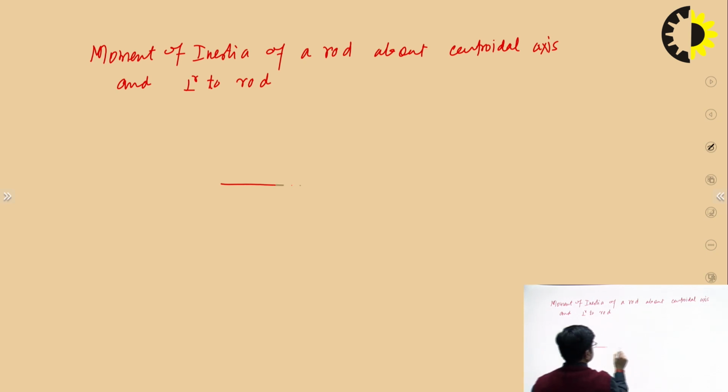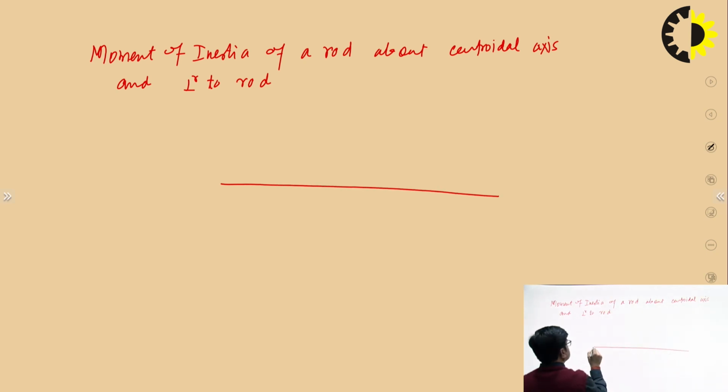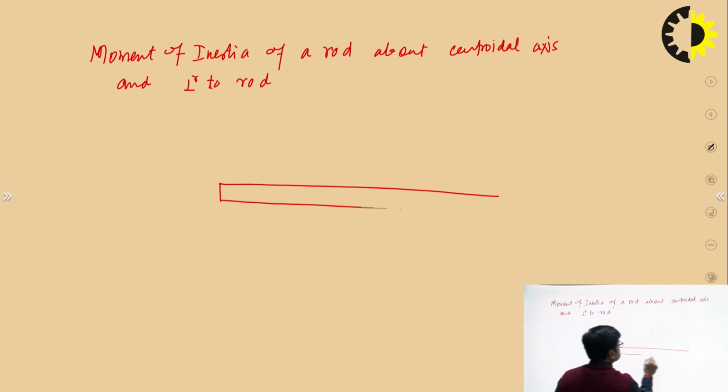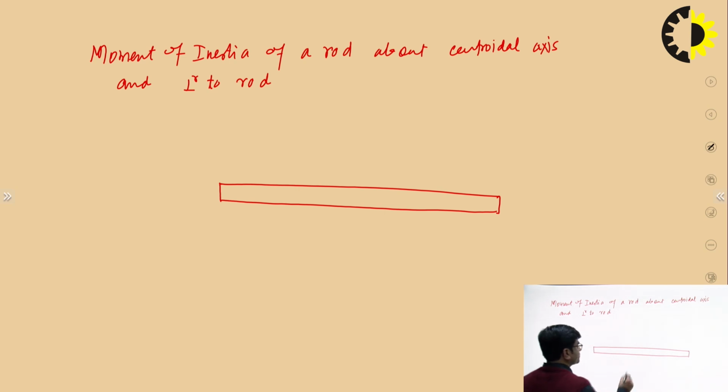Let us assume a rod of length L. This is the centroid of the rod, and this is the centroidal axis, and this is also the centroidal axis. So, centroidal axis is nothing but a line passing through the centroid of the body. That is why it is termed as centroidal axis.